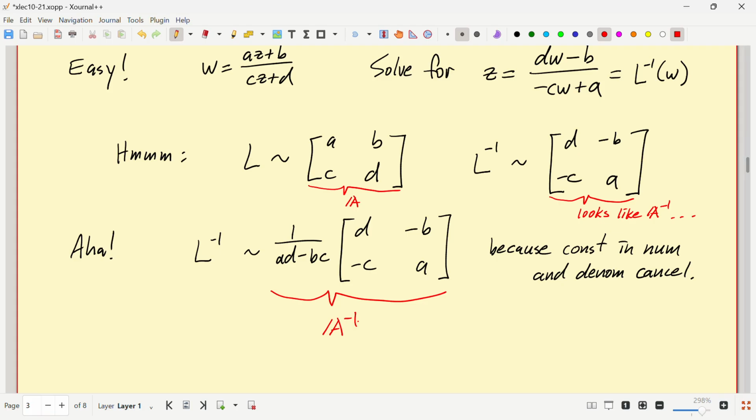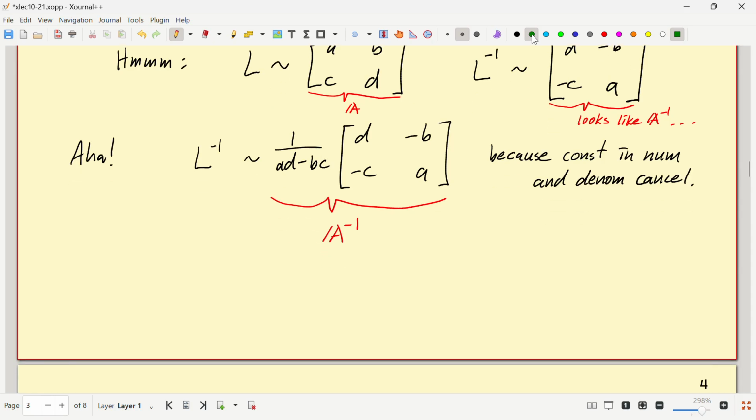A fascinating thing that I'm not going to show you is that compositions of linear fractional transformations correspond to matrix multiplication. L1 composed with L2 corresponds to the matrix for L1 times the matrix for L2. And of course L inverse corresponds to A inverse.